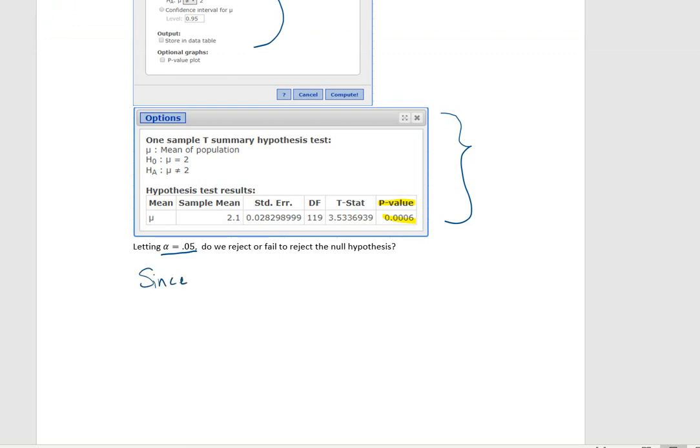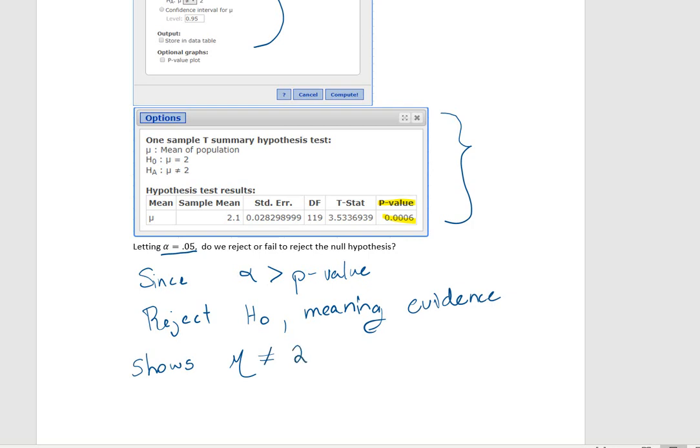Well, since our alpha value is greater than our p-value, remember, if p is low, we get to reject H0, so we get to reject the null hypothesis. Meaning the evidence shows that mu does not equal 2.